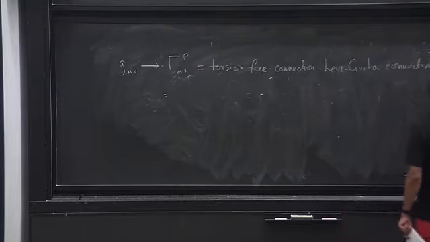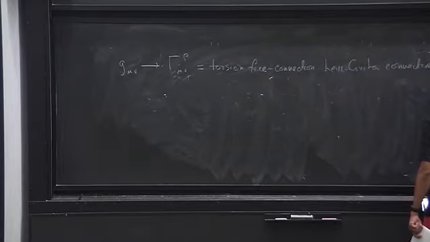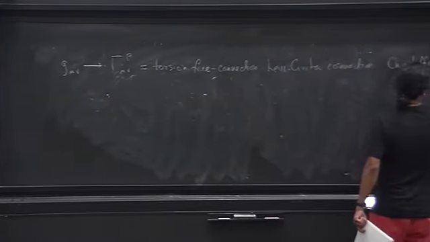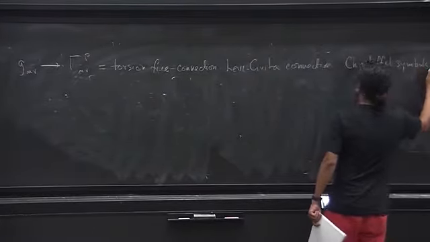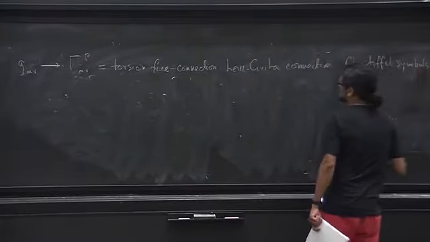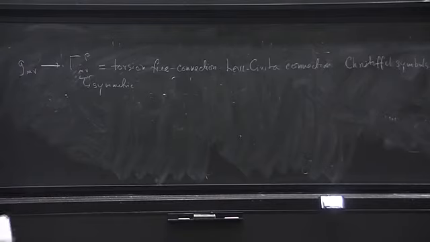It's also called the Christoffel symbol. This is not a tensor object, but the important thing here is that this is actually symmetric in these indices. Someone asked me if the Christoffel symbols were related to the structure constants. The structure constants give you antisymmetric, so they are not directly related.